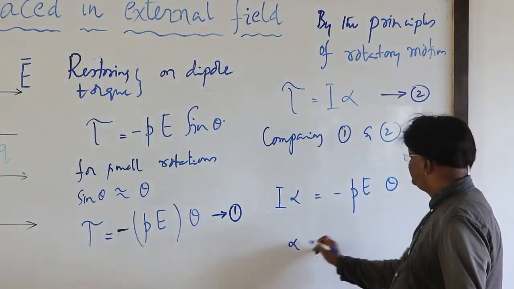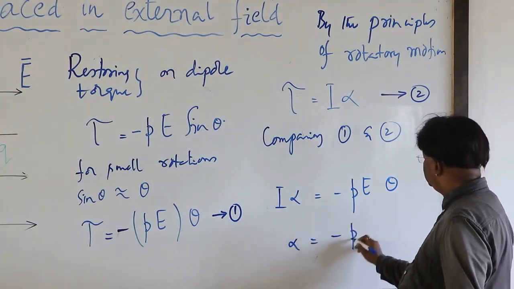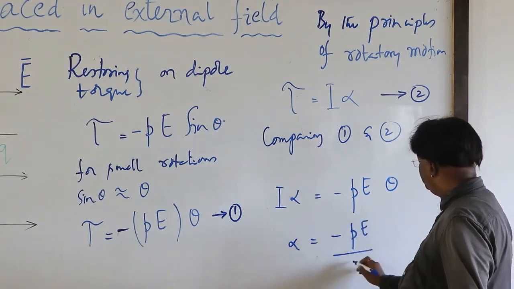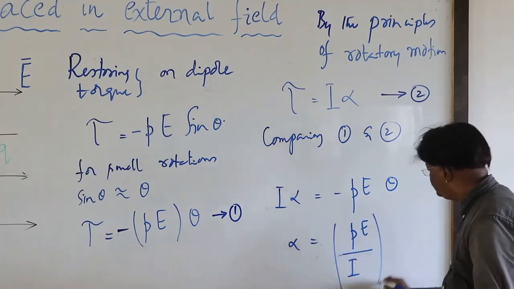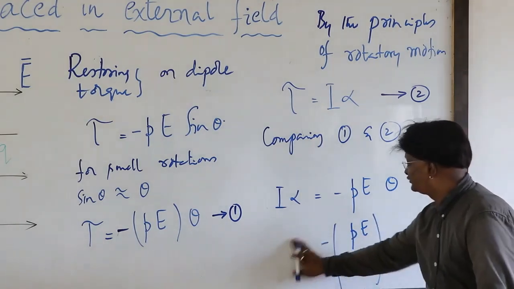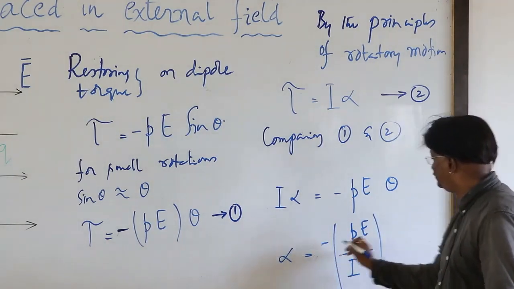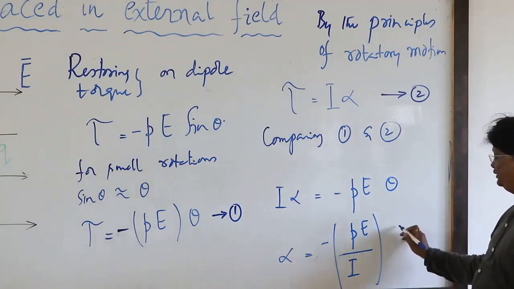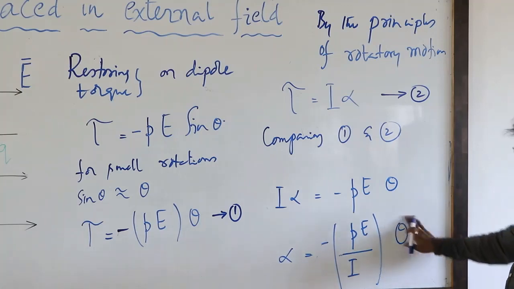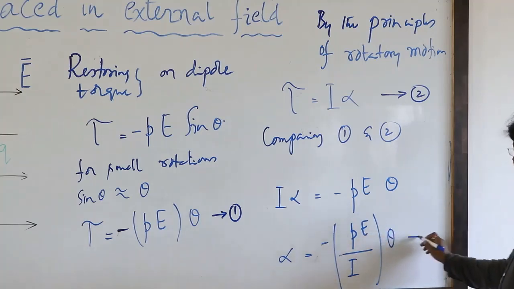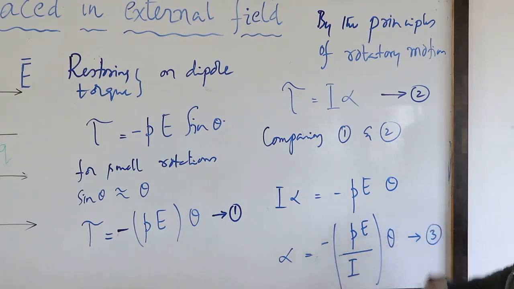Therefore, alpha is equal to minus PE by I times theta. Please look at this expression carefully: alpha equals minus PE by I times theta. I call this expression equation 3.